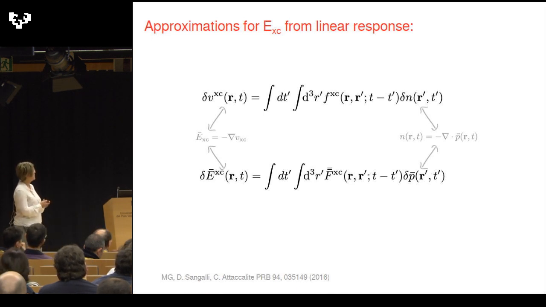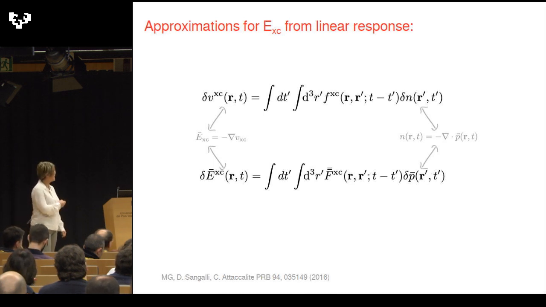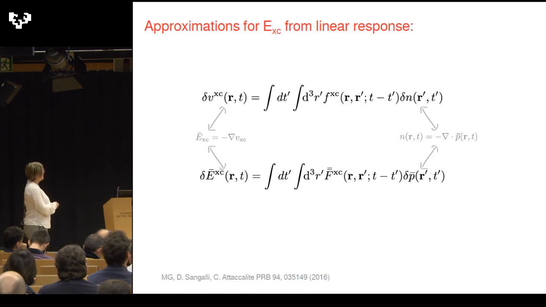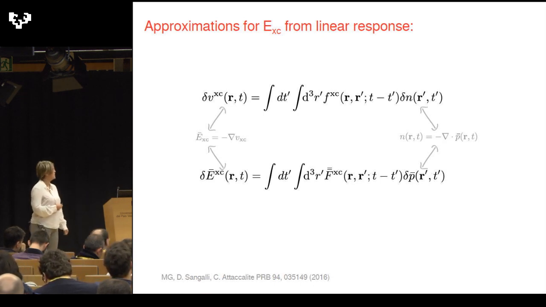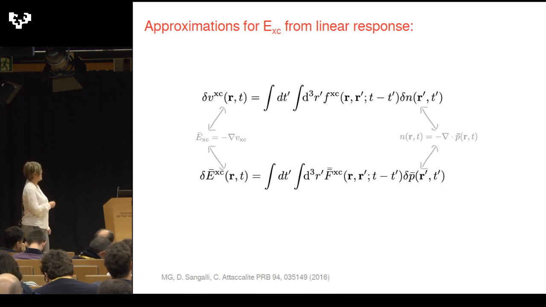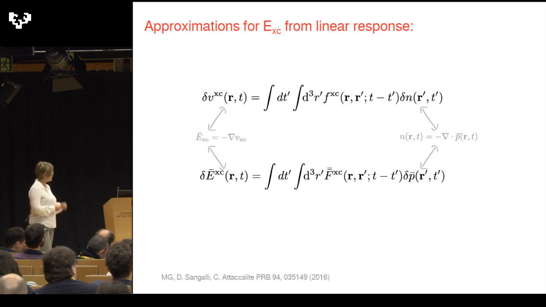So for linear response, there are several approximations for the optical limit of the kernel, which is this object here. And so here we have the change in the exchange correlation potential. It's just given by the kernel times the change in the density. And we just replicate the same for this exchange correlation field. It's just depending on the change in the polarization times a kernel. This is, of course, a tensor now, not just a simple function.